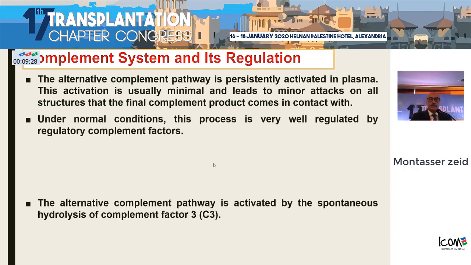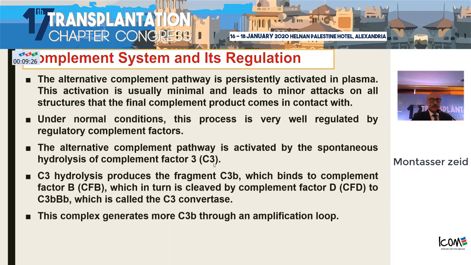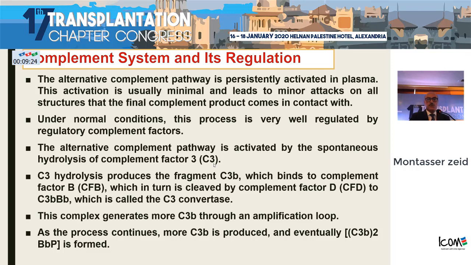The alternative complement pathway is persistently activated in plasma, and this activation is usually minimal and leads to minor attacks on structures that the final complement product comes in contact with.